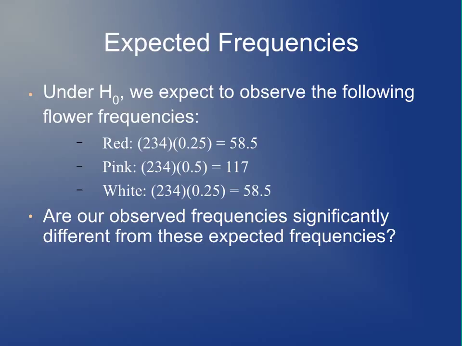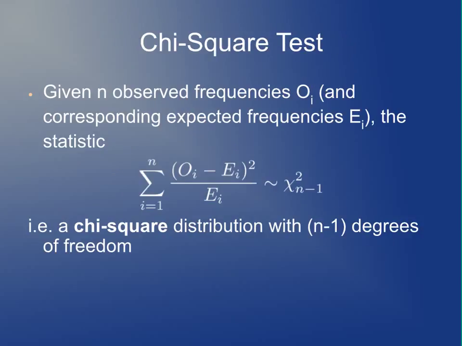And we want to see, are our observed frequencies close enough to these expected frequencies? If they are, then we'll fail to reject the null hypothesis, but if we see a big difference, then we'll reject the null hypothesis.